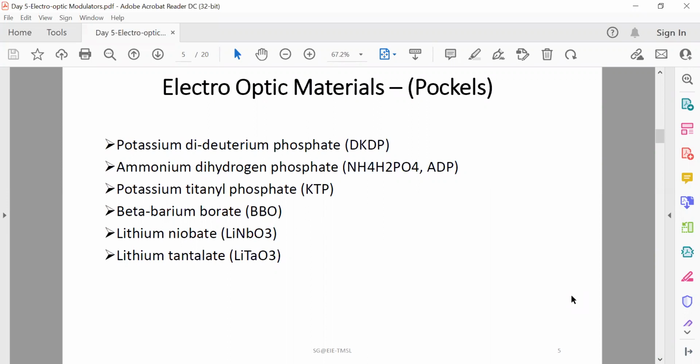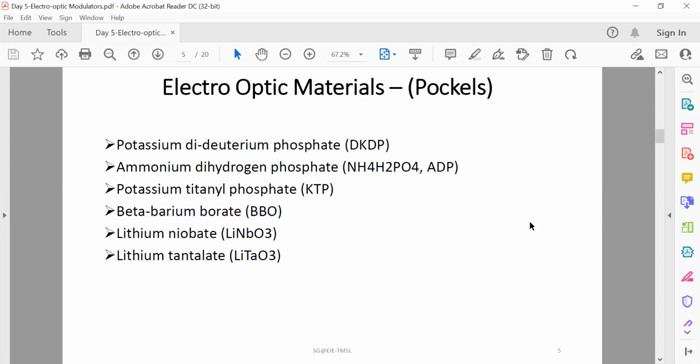Now, electro-optic materials. Here is the list of materials frequently used as non-linear crystal material, like potassium dideuterium phosphate, ammonium dihydrogen phosphate, potassium titanyl phosphate, beta barium borate, lithium niobate, and lithium tantalate.